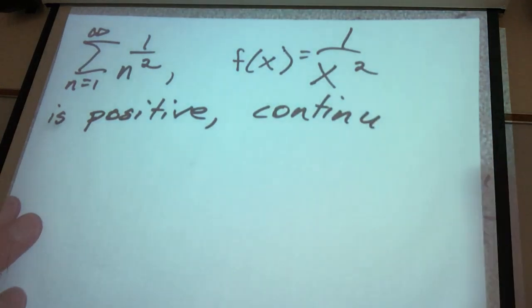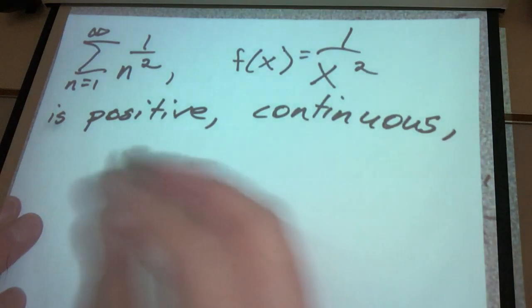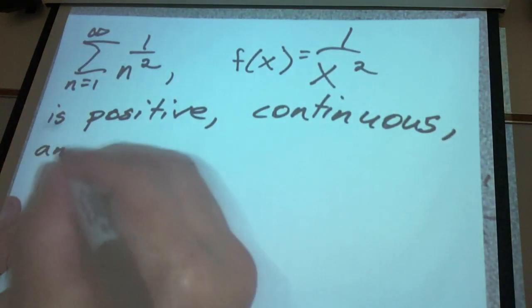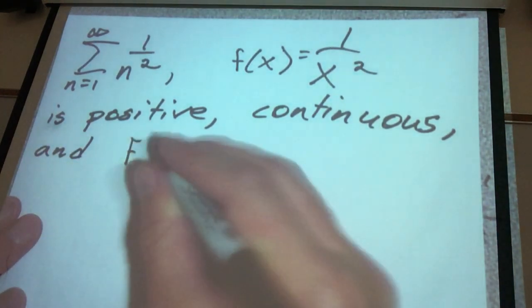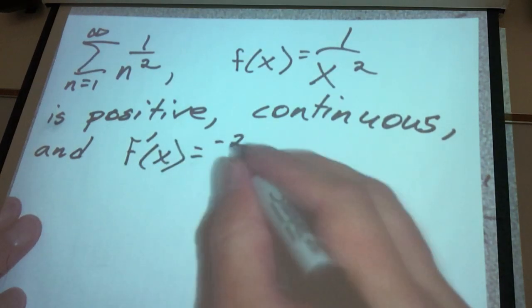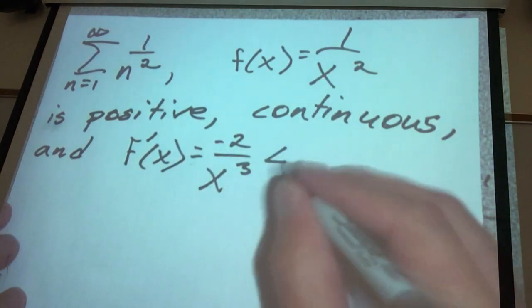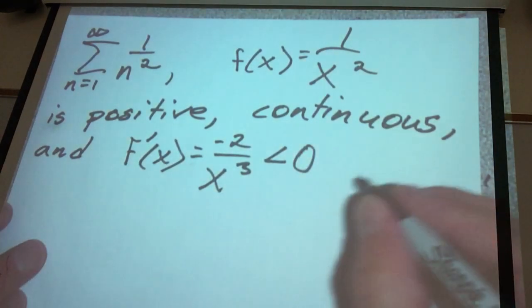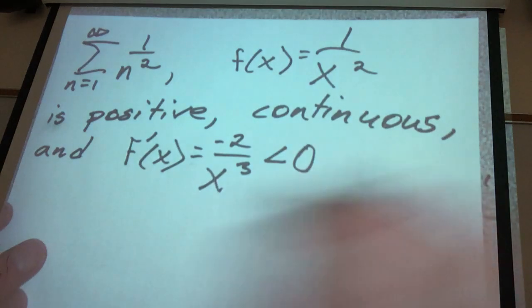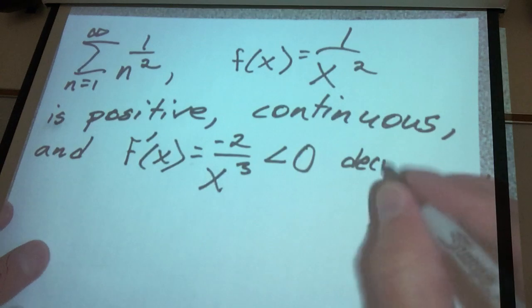I'm not considering around 0. And f prime of x, which would equal negative 2 divided by x cubed, is less than 0. And so we can say, yeah, it's decreasing.